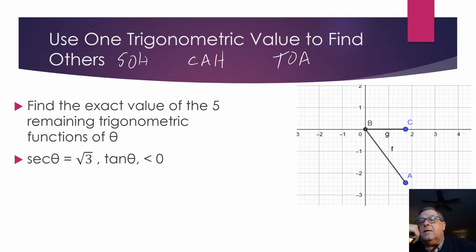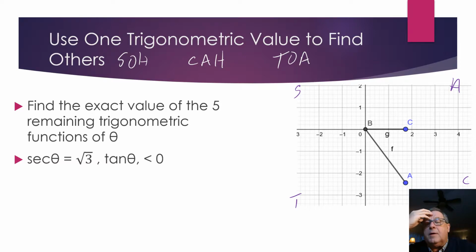Now, I know that all students take calculus, all right? And so for the tangent to be less than 0, I've got to either be in the fourth or second quadrant.